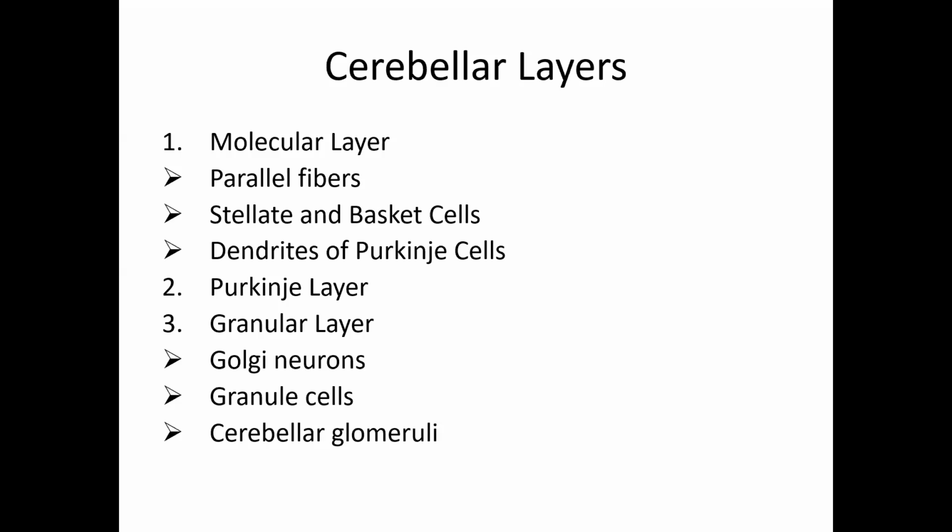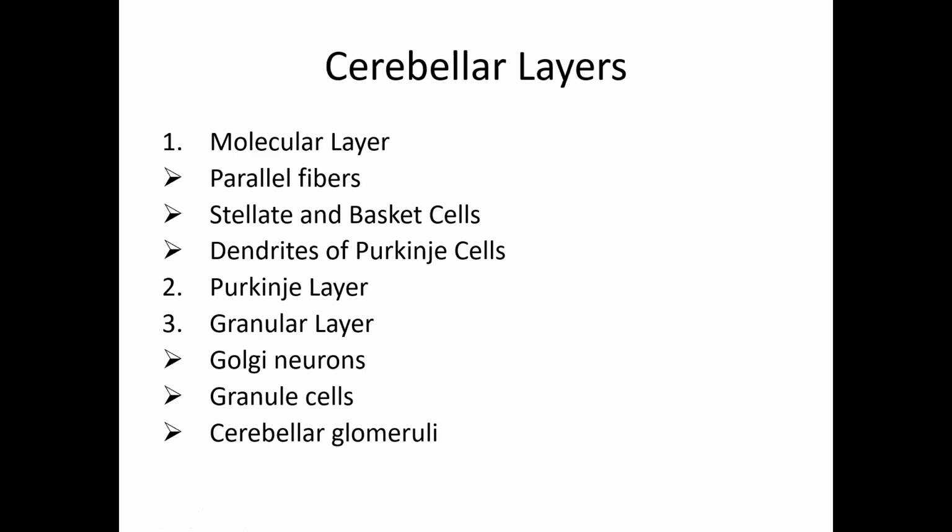Well, the parallel fibers actually emerge from the granular layer, layer 3. Notice that there are 3 types of cells in layer 3: Golgi neurons, granule cells, and cerebellar glomeruli.